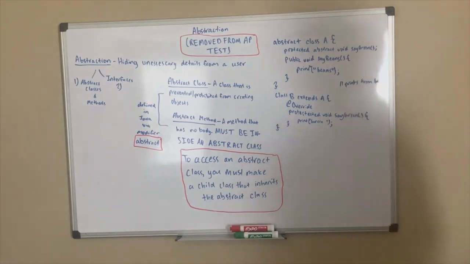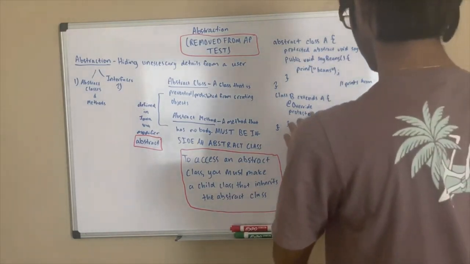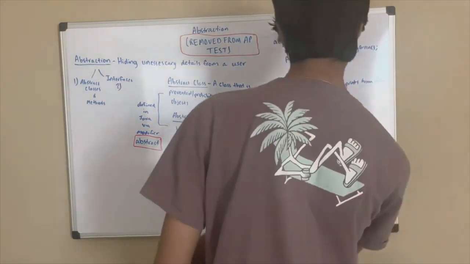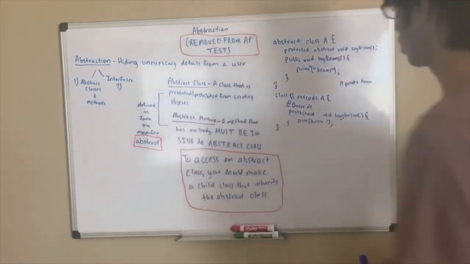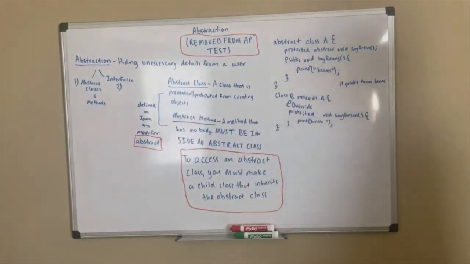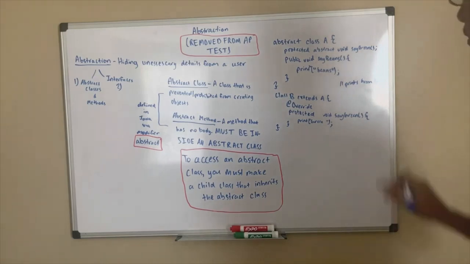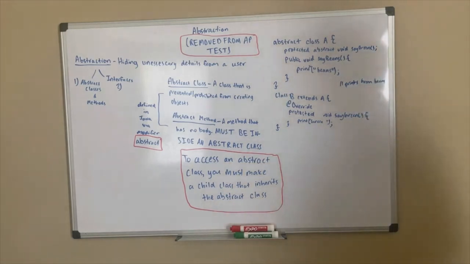And then we overrode our abstract method in our child class to print green beans. By the way, you can make it print beans green or green beans. This is just assuming I create an object. I call this method first, and then I call that method second. That's just a little bit about how abstract classes work.